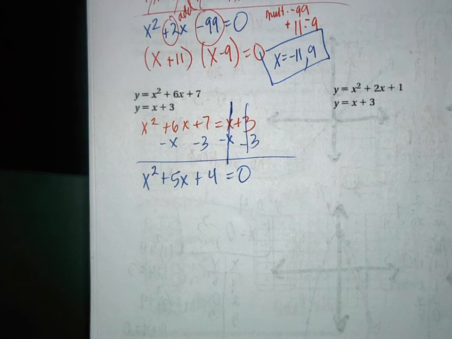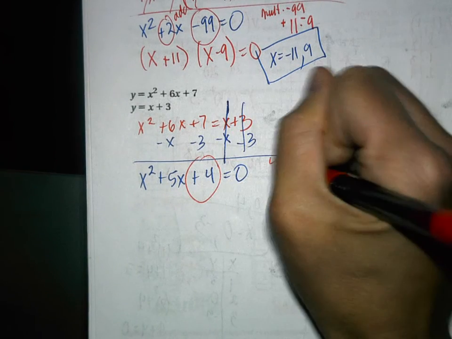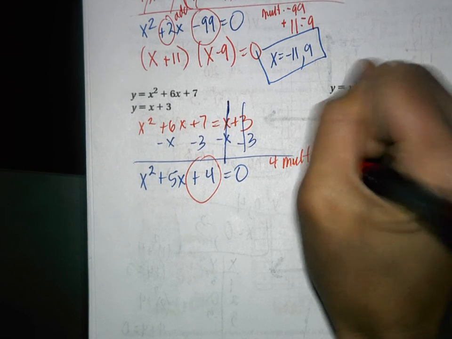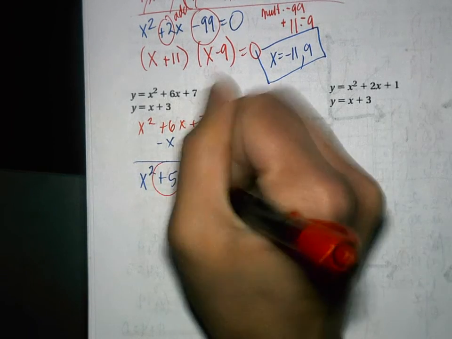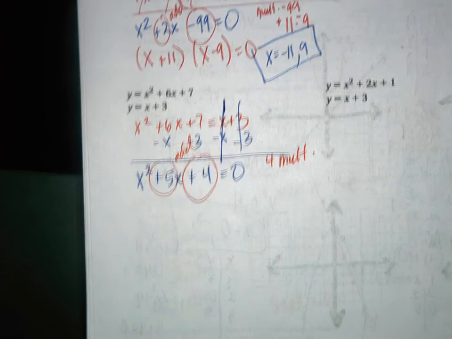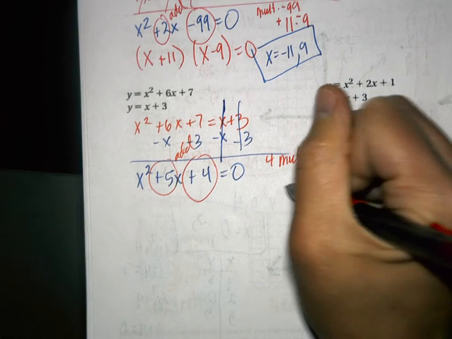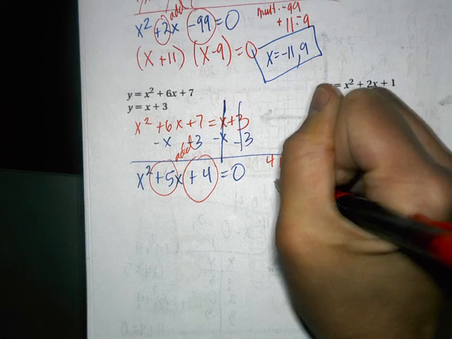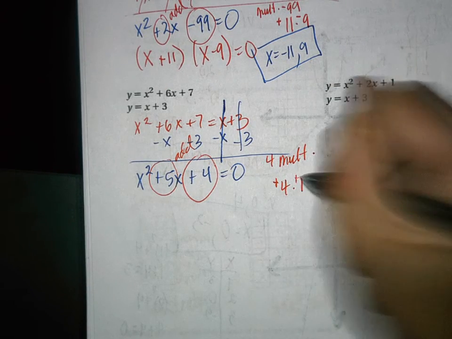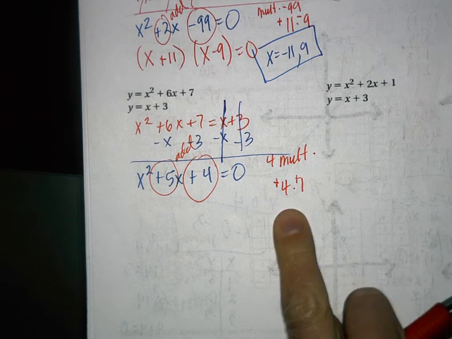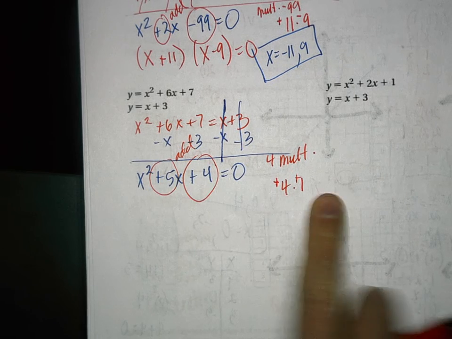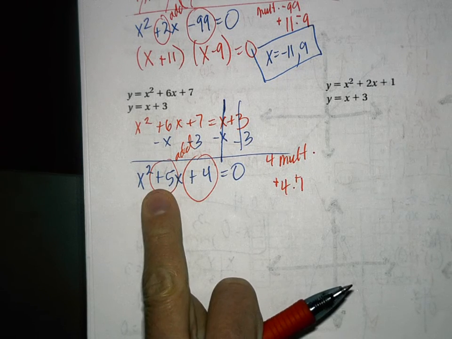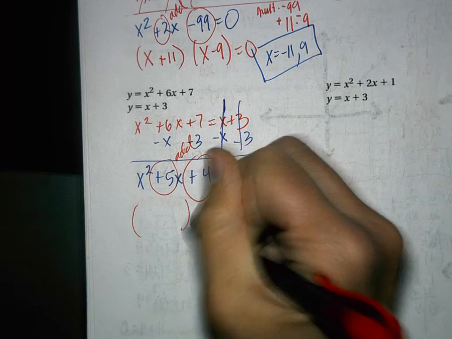This number 4 is my multiplication number. So what multiplies to be 4 and adds to be 5? 4 and 1. And specifically, positive 4 and positive 1. These multiply to be 4. They add together to make 5. Okay, and so we make our parentheses. We can use our shortcut.